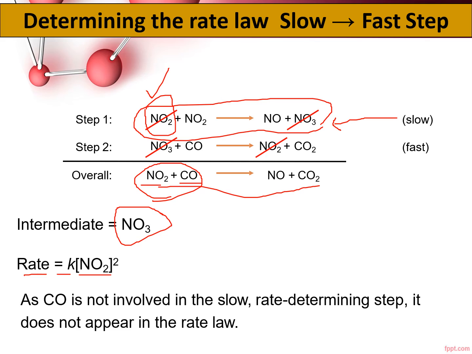CO is not involved in the rate determining step, so it would not appear in the rate law. That's why your rate law is just this. Take extra care: when it comes to rate law, you have to compare your overall equation with the slow step. If a substance is not involved in the rate determining step, there is no need to include it in your rate law.